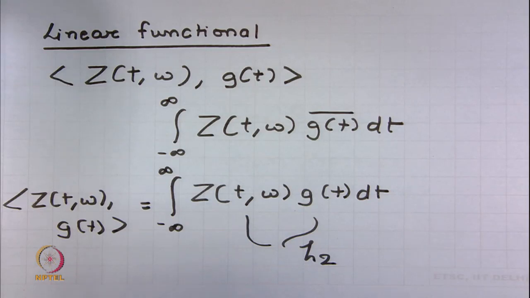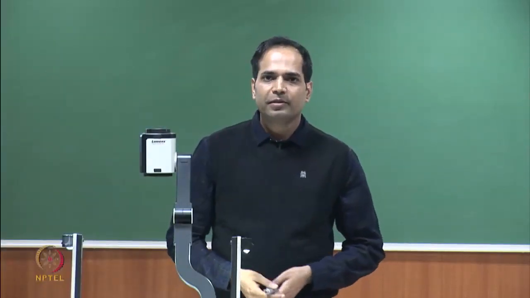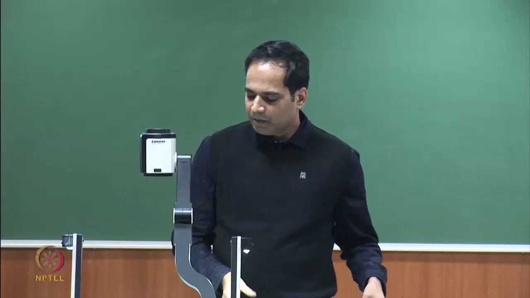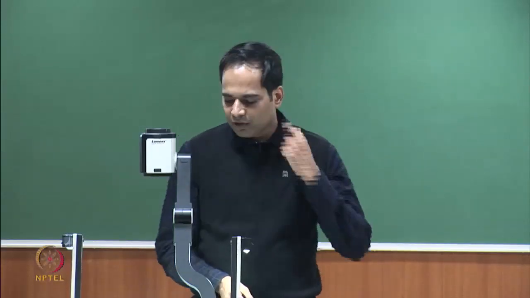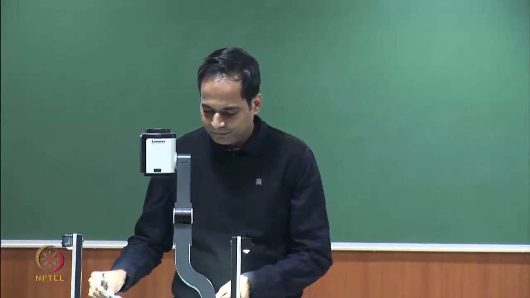So, what we are assuming is g of t is an L2 function, and the sample function of this random process is also an L2 function, because if they are L2 functions then this inner product is always defined and we do not have to worry about convergence issues. To simplify, we assume the inner product is always defined because the sample function of the random process is an L2 function and g of t is also an L2 function.